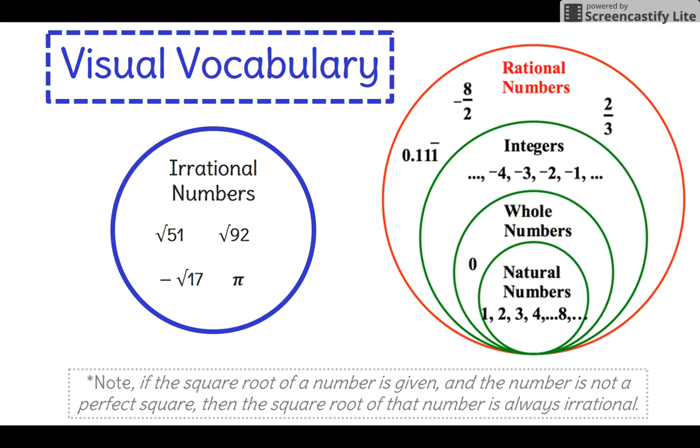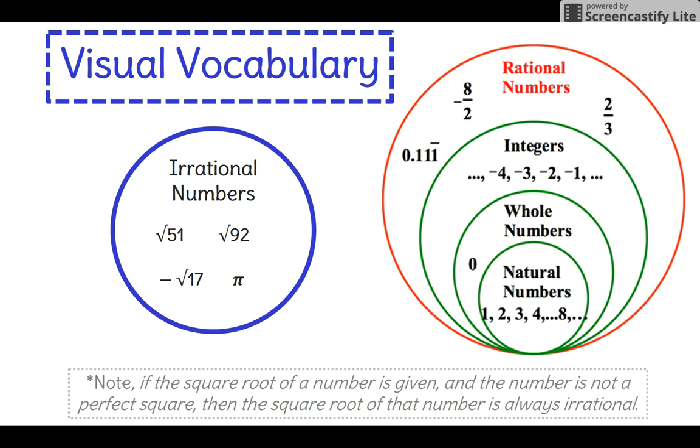All right, so a separate category that we have under real numbers, so all of this is under the umbrella of real numbers, is our irrational numbers. Irrational numbers, once again, are numbers that cannot be written as a fraction. When you take the square root of a number, if it's not a perfect square, you can consider that an irrational number.